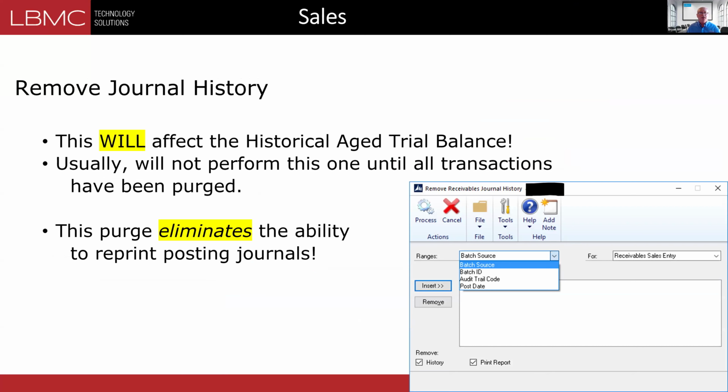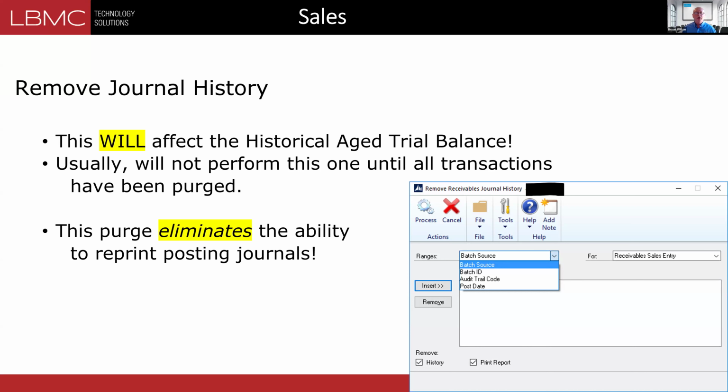That's the posting journals, right? So you probably had to reprint those, or maybe you print those when you post from sales. Well, if you remove the posting journals, you cannot reprint the posting journal report. So it's gone, the data's gone. The caveat here is this affects the historical aged trial balance.